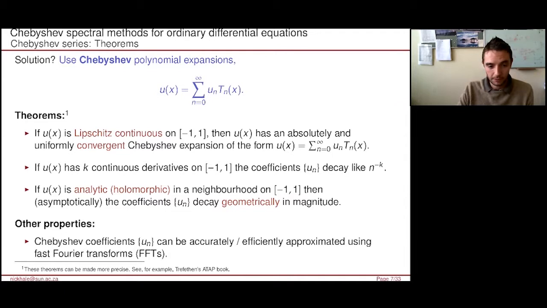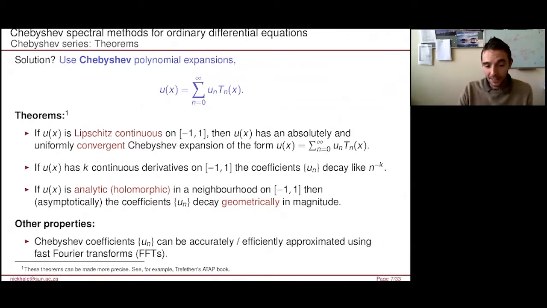So if we have a continuous function, we get algebraic decay in these coefficients. An analytic function, they decay geometrically. And that's going to give us, if we can use these series expansions to do our approximation, it means we can take a very small discretization and still get very accurate approximations.